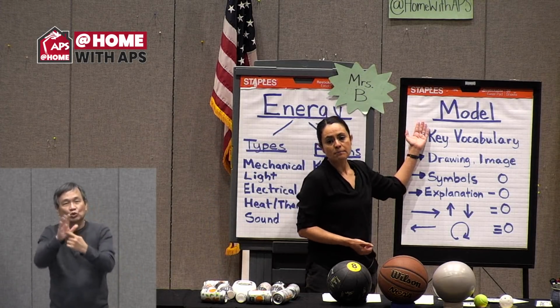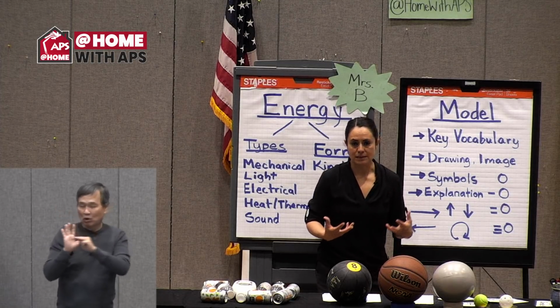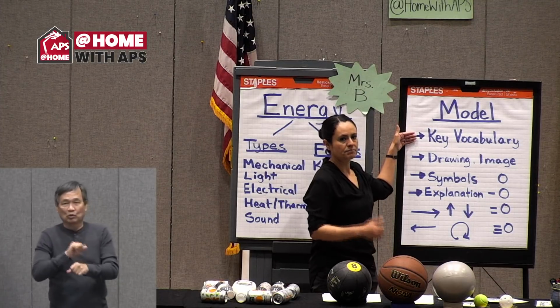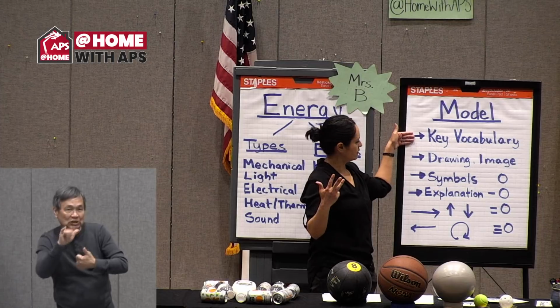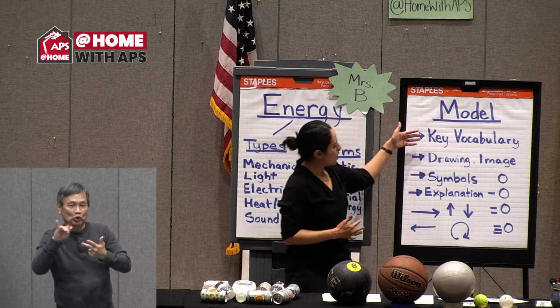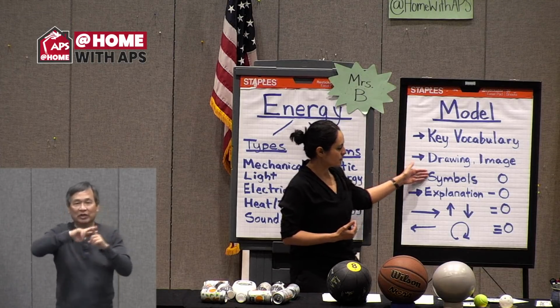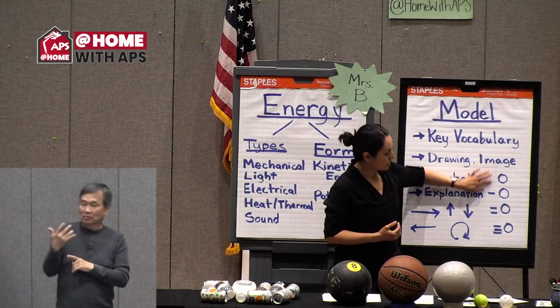When we're creating models, which are a representation of what we're trying to explain or how something works, make sure to include key vocabulary: energy, speed, motion, force, mass. We can also include drawings or images and symbols. And here are some examples of symbols. If the object is not moving, we don't put a line next to it.